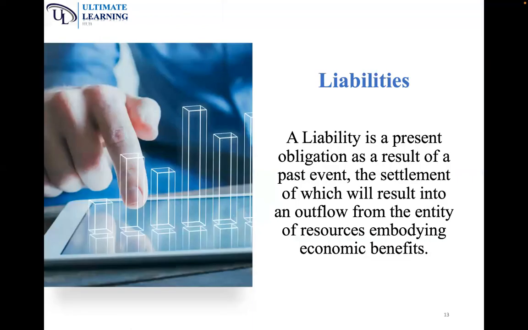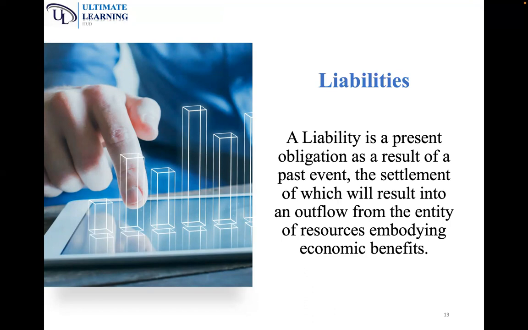The second element of financial statements, when we are defining them, are liabilities. What are liabilities? Liability is what the business owes others. In short, a liability is a present obligation as a result of a past event, the settlement of which will result into an outflow from the business of resources having economic benefits.